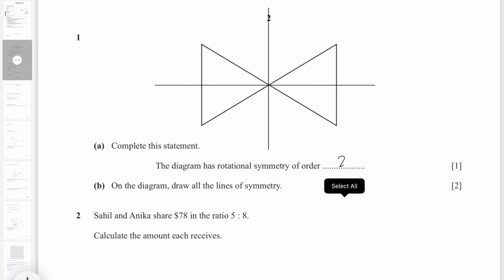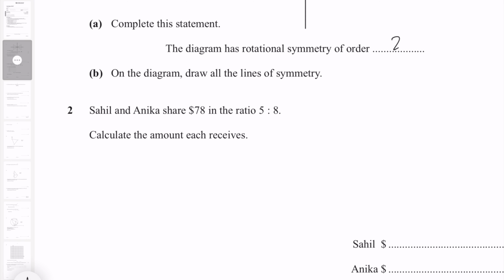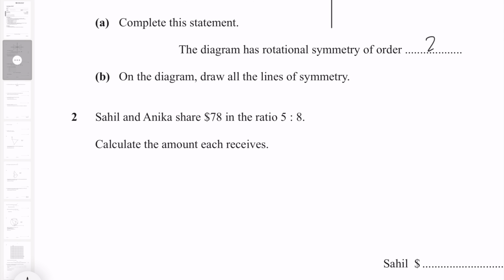Sahil and Anika share $78 in the ratio 5:8. Okay, so this is their total, 78. Sahil plus Anika, you get 78, which is equal to the ratio of 5 plus 8. So this ratio can grow and become smaller. They can magnify, they can diminish.